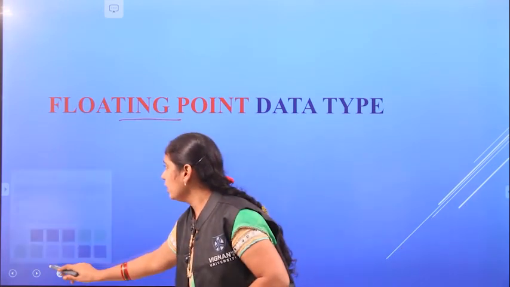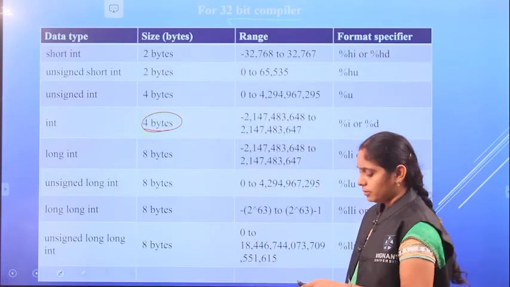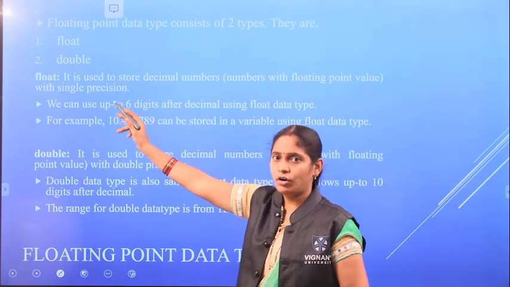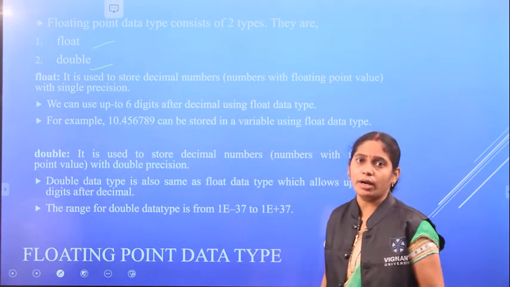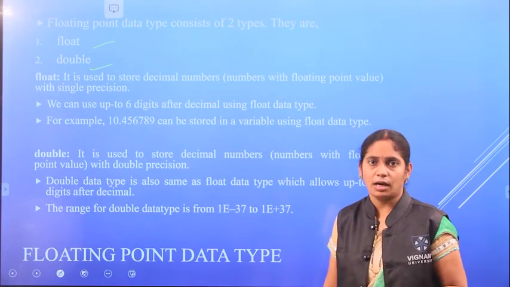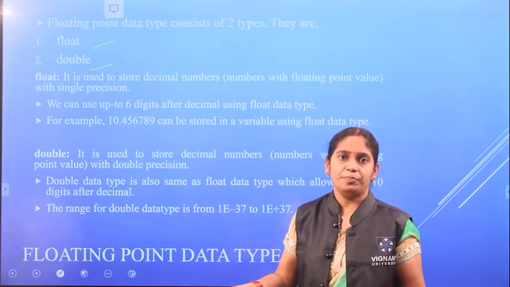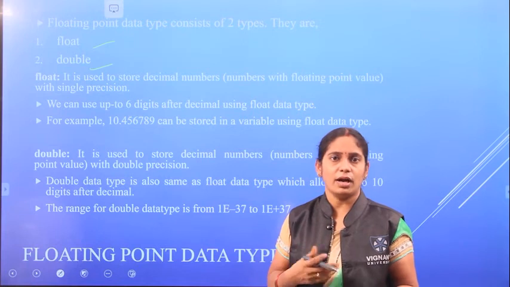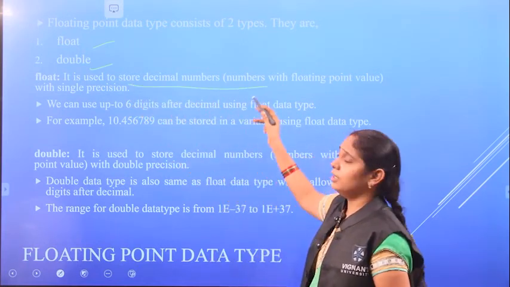Okay. So see what are the different forms of float data types we have. Usually we have two different forms of float. One is float, the second one is double. The floating point is represented with a keyword called float and double is represented with double. Like in integer, based on the compiler, the size of float also varies from one compiler to another, and it is used to store decimal numbers.